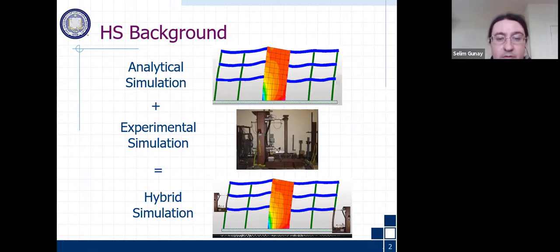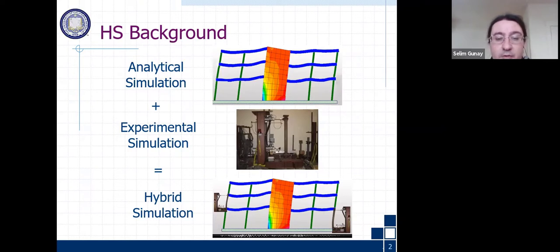We are still simulating the response of the structure, but these two elements are not numerically modeled; they are represented in the numerical model by testing them. During the hybrid simulation, we call these experimental substructures and the rest of it numerical or analytical substructure. During the simulation, these two substructures interact with each other.